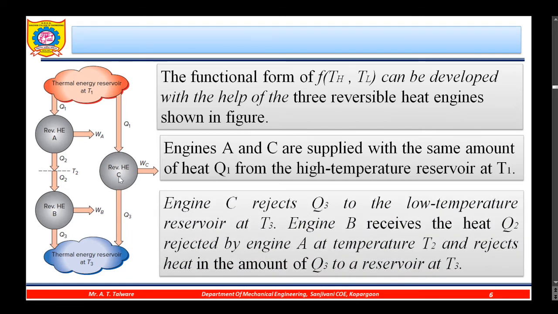Engine C rejects Q3 to the low temperature reservoir at T3. Engine B receives the heat Q2 rejected by engine A at temperature T2 and rejects heat in the amount Q3 to a reservoir at T3.